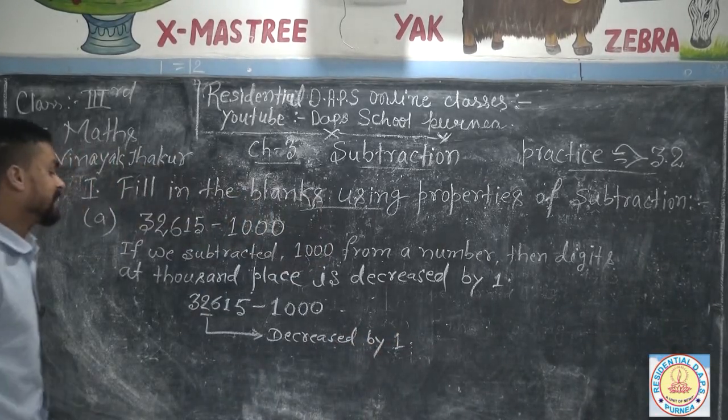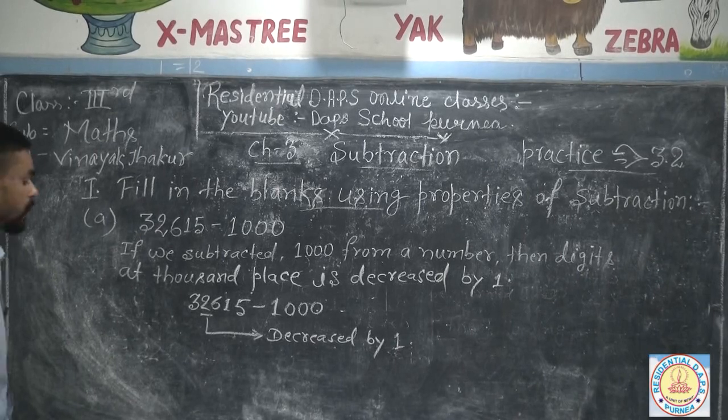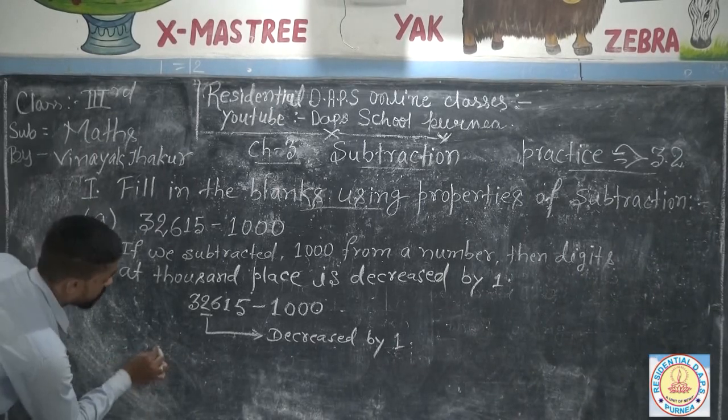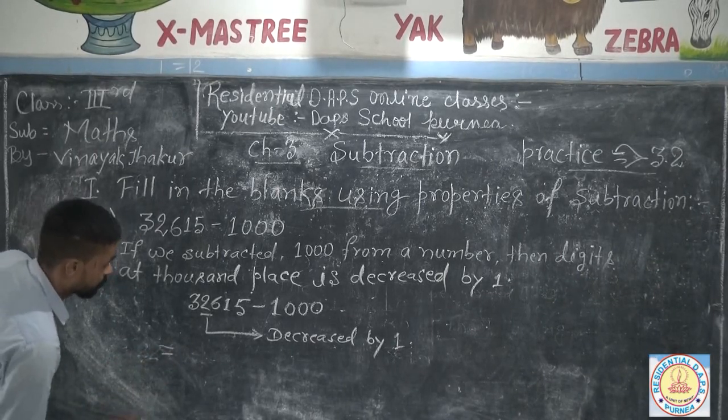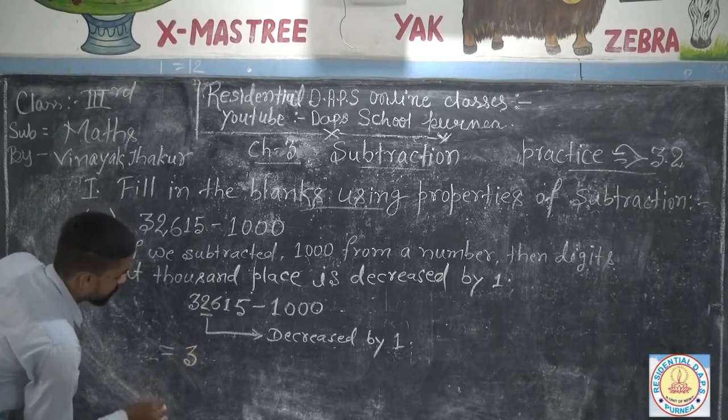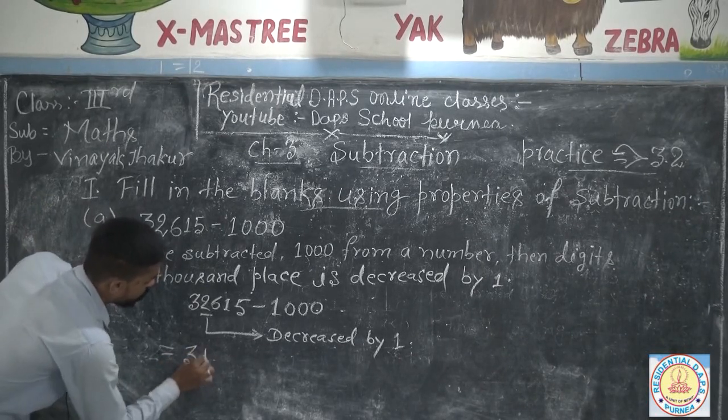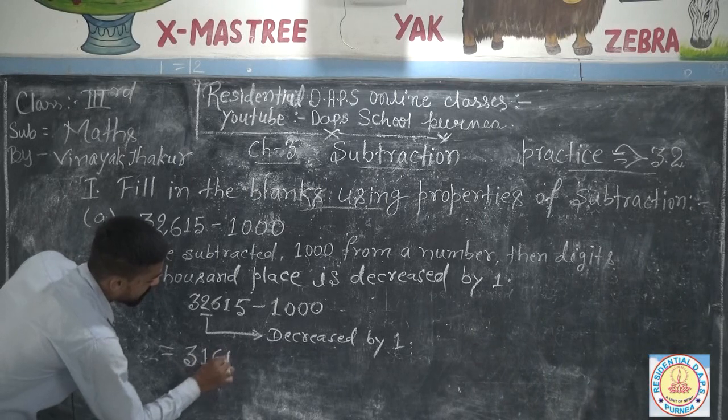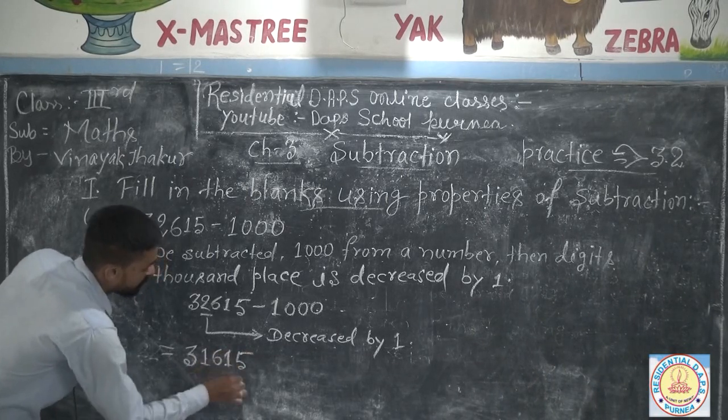After subtracting, you can subtract in your own way. If you subtract, your answer is 31,615. This is your answer.